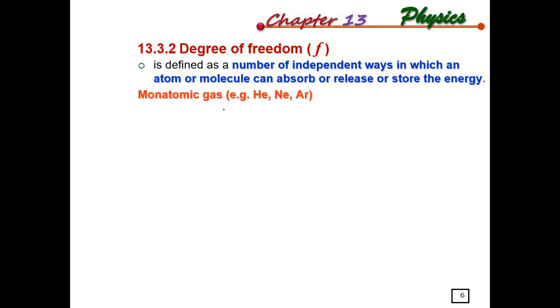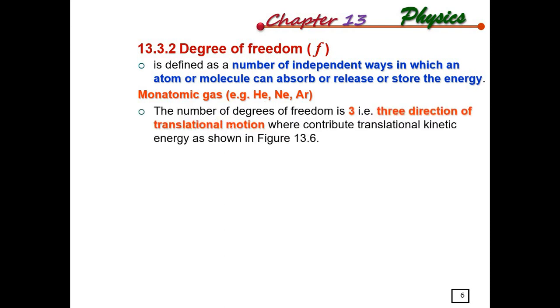For the monoatomic gas, for example He and Ar, the number of degrees of freedom is 3, where the 3 directions of translational motion contribute translational kinetic energy as shown in figure 13.6.